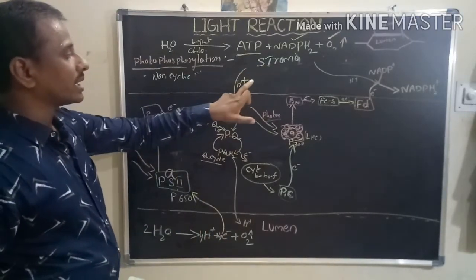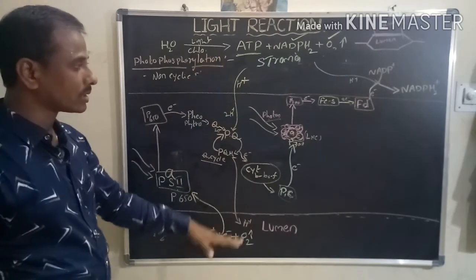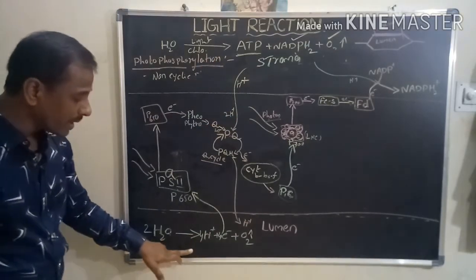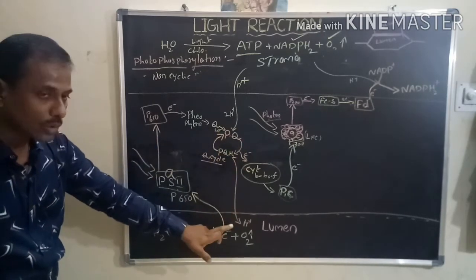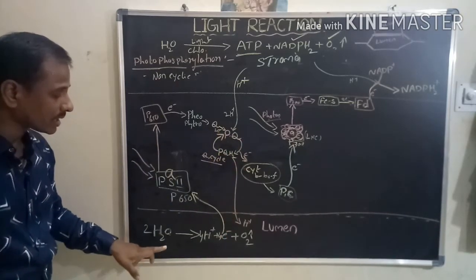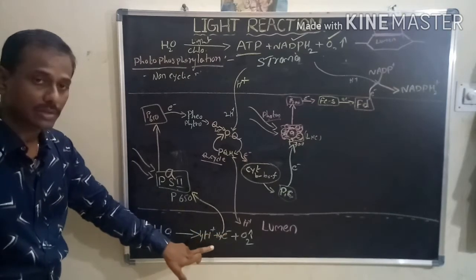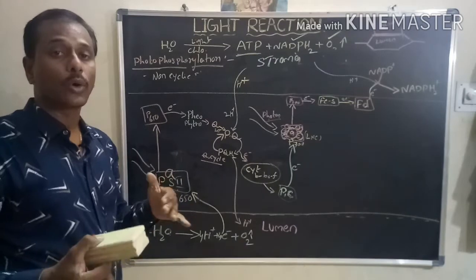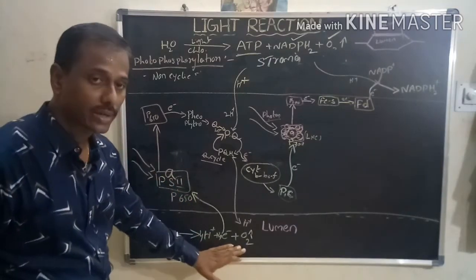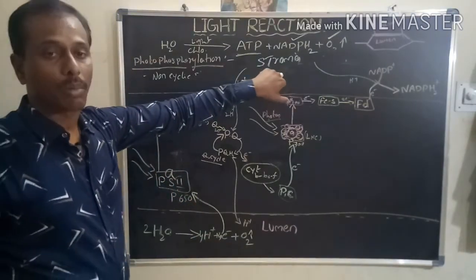In the stroma, H+ ions are transported to the lumen. In the lumen, H+ ions are released or transported from the quinone cycle, and also the water molecule gives H+ ions. So in the lumen, the H+, that means proton molecules, are accumulated more than in the stroma.